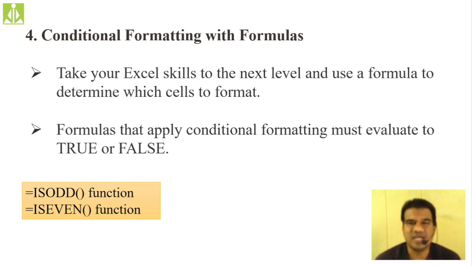There we have seen how to select odd numbers and even numbers in a set of values by using the ISODD and ISEVEN functions. ISODD and ISEVEN in MS Excel check whether a specified value is even or odd. By making use of these two functions, we apply conditional formatting on a set of values and select even numbers and odd numbers selectively.